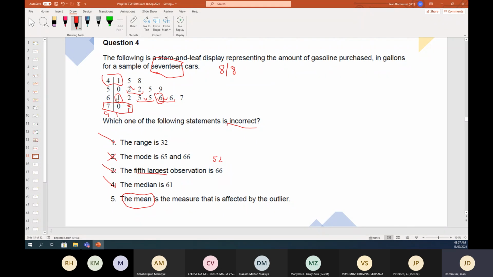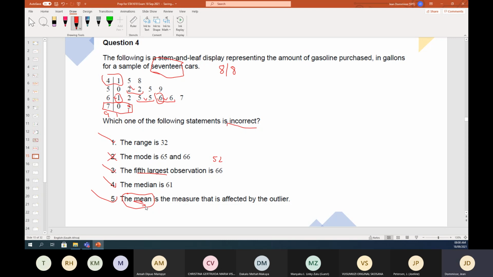The median still stays the same, but your mean will change. So your mean is the one that is affected by an outlier. Whatever that big difference is will have an impact on your mean.